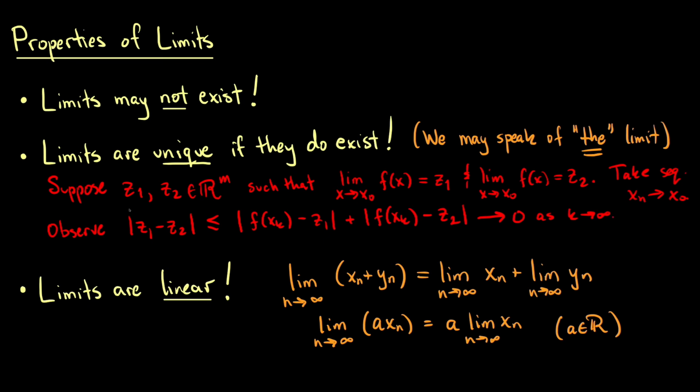So I have that z1 minus z2 in Euclidean length is less than 0, so this implies that they're equal. And that's what we mean by limits are unique.